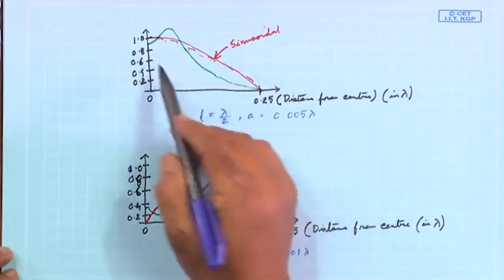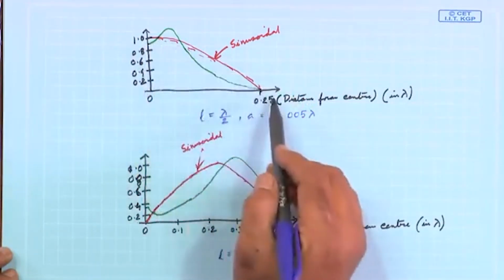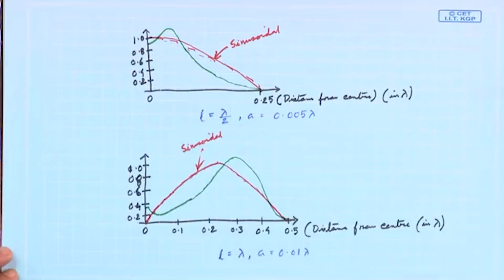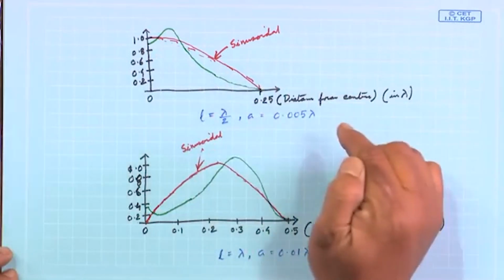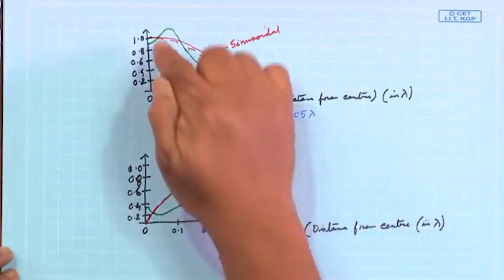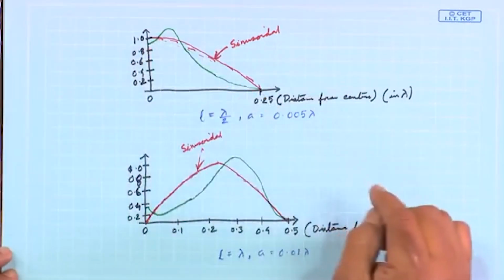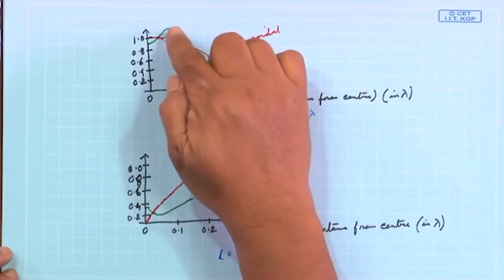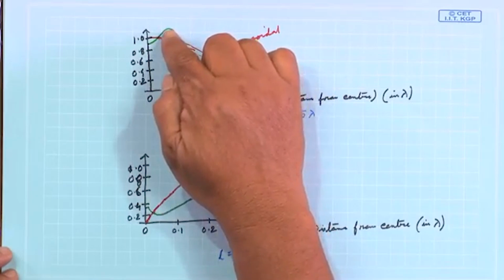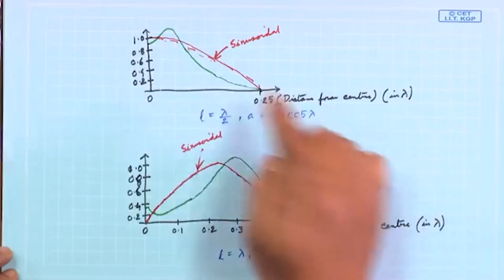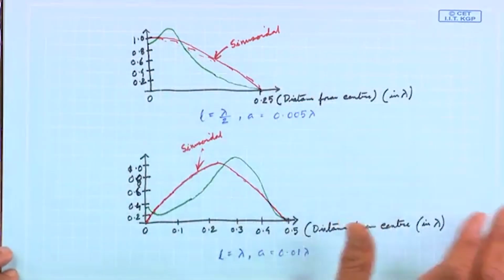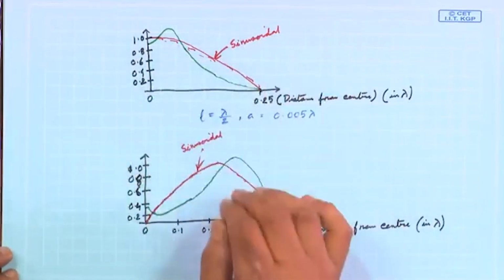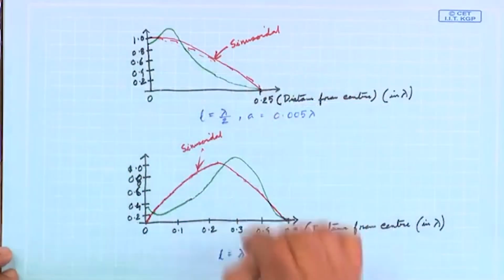We have plotted the sinusoidal one in red, but the actual current is not exactly that. First, the maximum is not at the center, the peak is somewhere else, and it can be said to be exponential, but it is not exactly exponential, there are deviations.